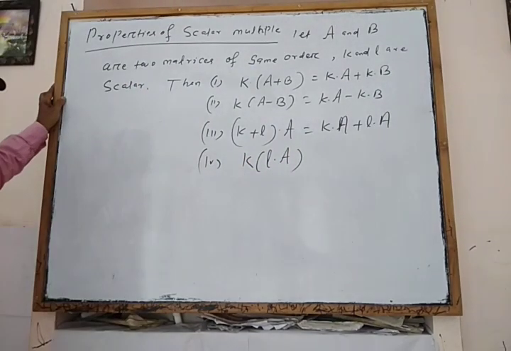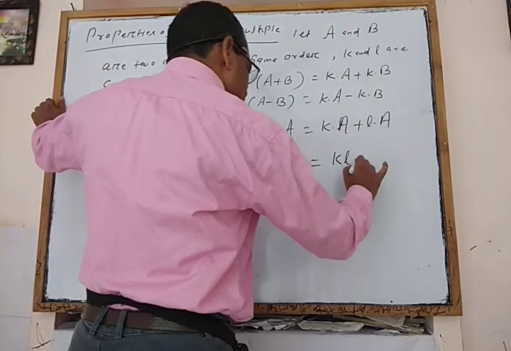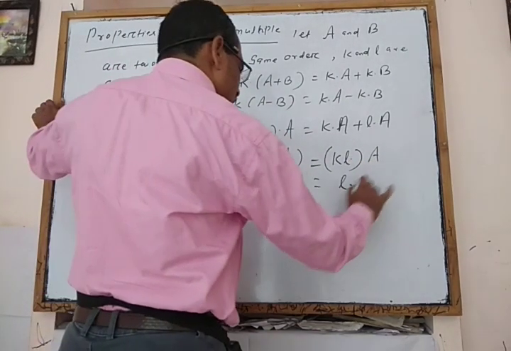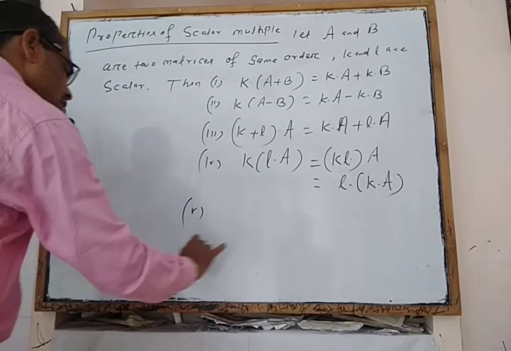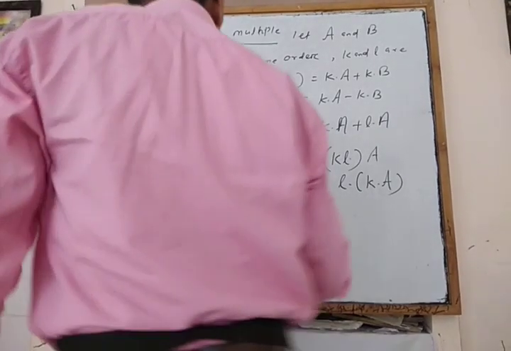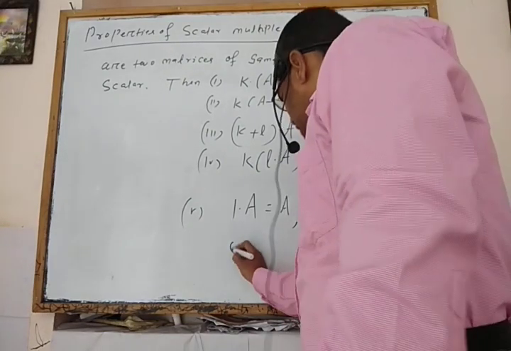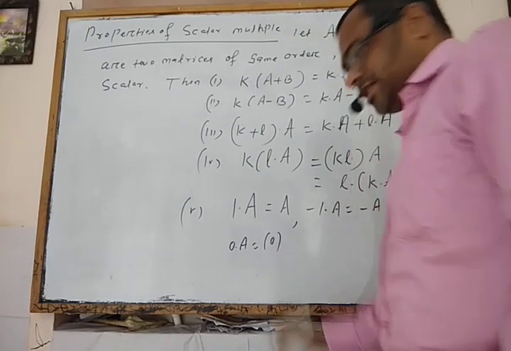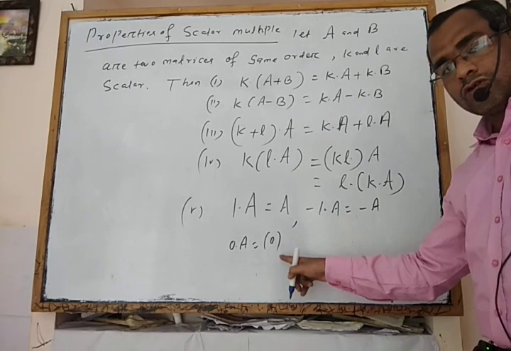So K into LA is equal to KL into A, which is equal to L into KA. 1 into A is equal to A. But minus 1 into A is minus A. And 0 into the matrix A: 0 into A is equal to the 0 matrix. So 0 into A is equal to the 0 matrix, not equal to the number 0.